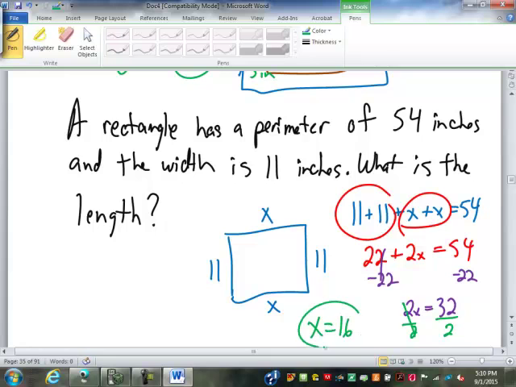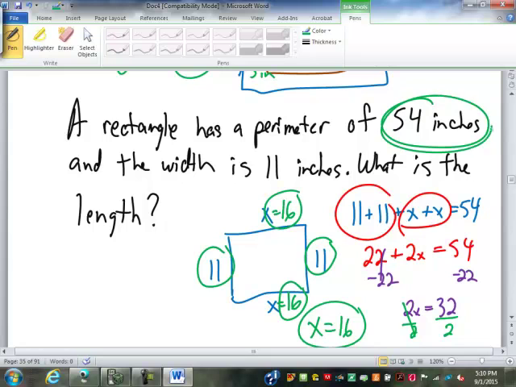Now, just like any other problem with an equation, we can put that back in. If we put 16 here, does this work? Well, 11 plus 16 is 27, plus another 11 is 38, plus 16 is 54. That is what we wanted. It's 54 inches for a perimeter. So that works. It makes that problem true.